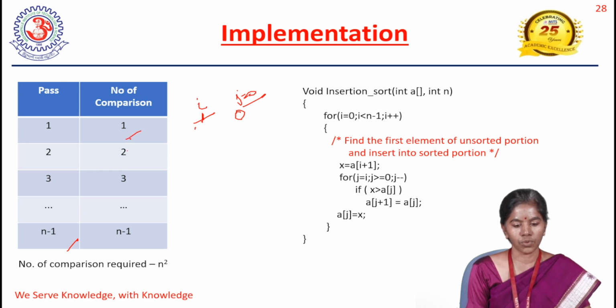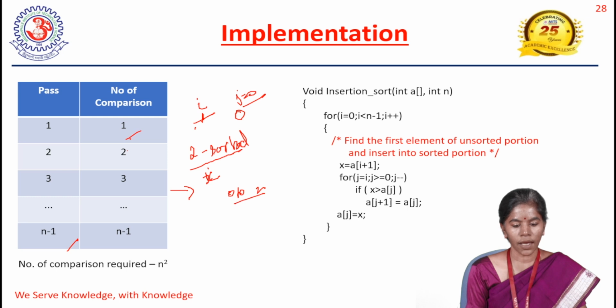In pass 2, we have two elements in the sorted list. So the maximum number of comparisons that can be done is that x will be compared with two elements, because two elements are in the sorted list. Next, in pass 3, the sorted list is from 0 to 2, so 3 elements are in the sorted list.